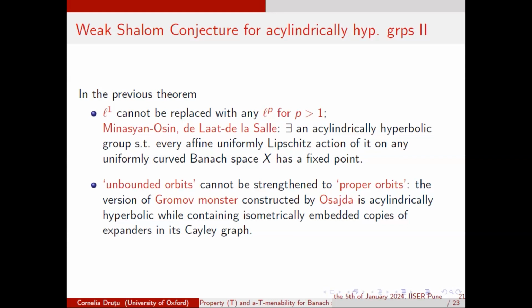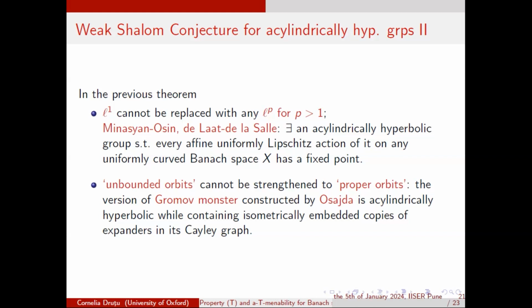And for that reason, it can't be uniformly embedded into an L1 space, because a family of expanders can't be embedded uniformly. Yes? So these groups are finitely generated, but not finitely presented. Yes, they're not. Right.